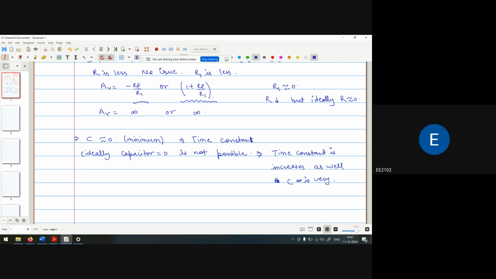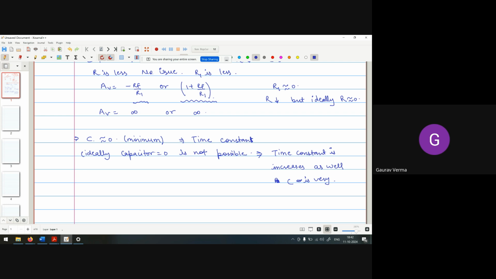This is one consideration about the coupling capacitor. The value of capacitance is very less, so it will increase the time constant. But what minimum value of the capacitance we can set, we have to calculate this also. So this is the basic consideration why we use the capacitor and what things we have to remember when we are using this capacitor.